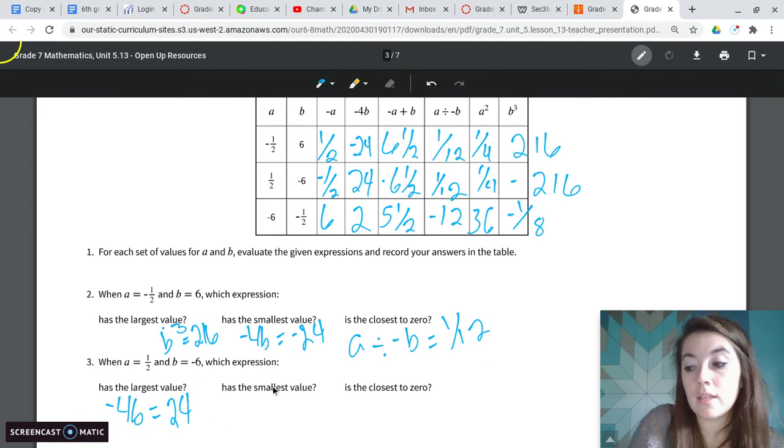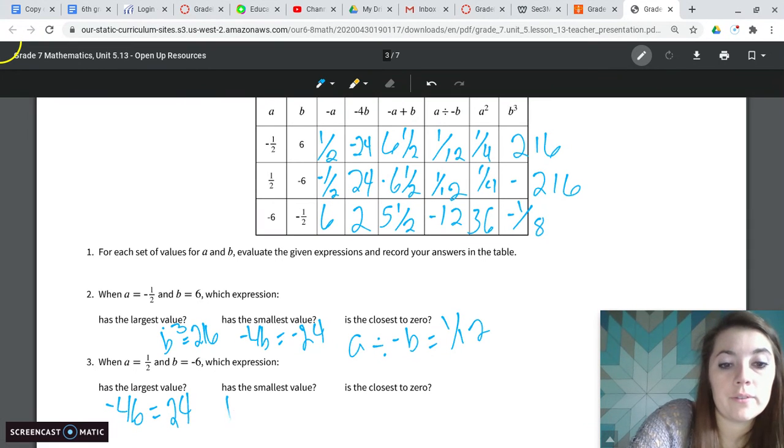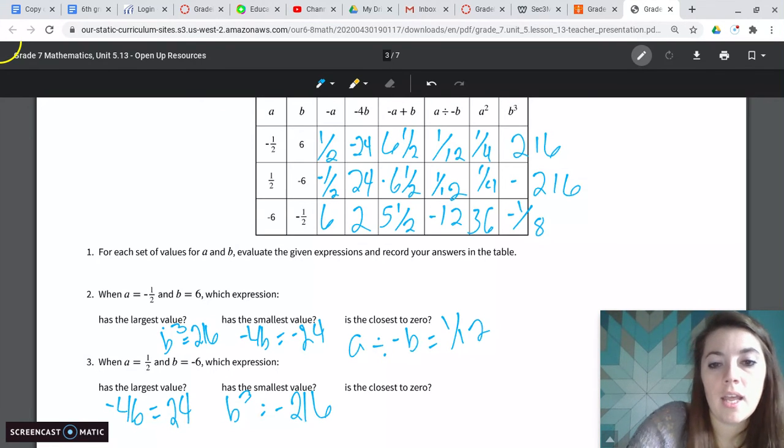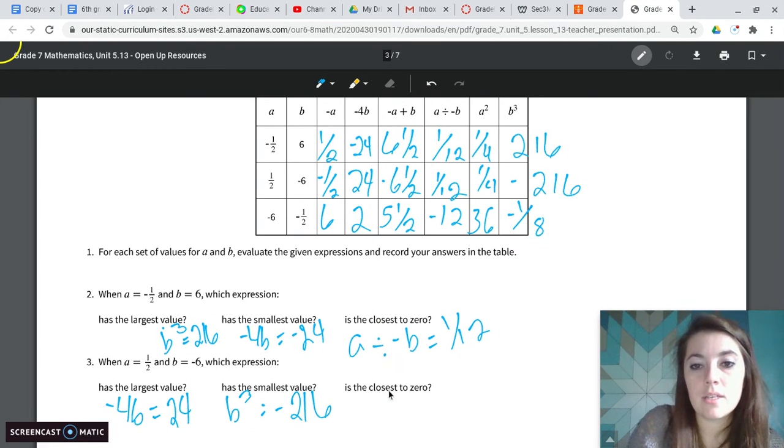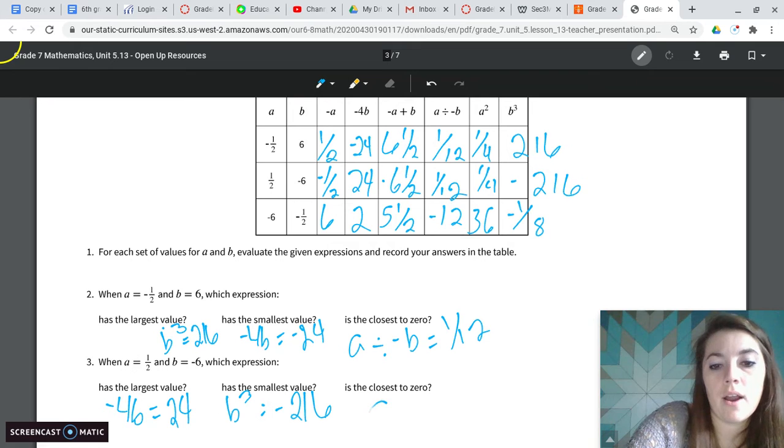Which has the smallest value? Well, that's going to be our b to the third of negative 216. And which one is closest to 0? Once again, that's going to be our a divided by negative b equals 1/12.